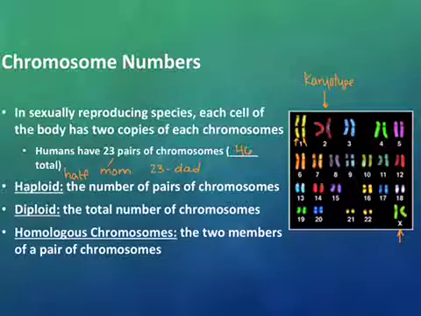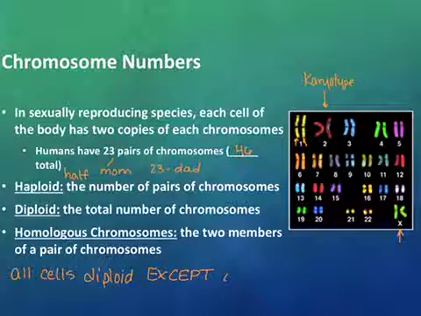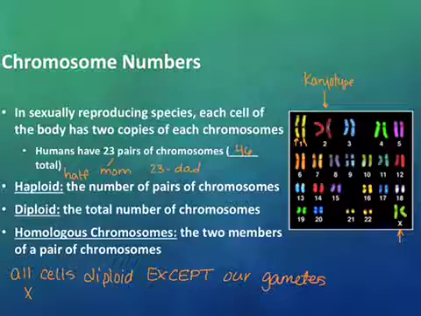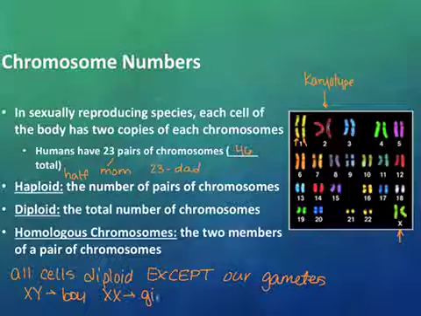So in the human body, all of our cells are diploid except our sex cells or our gametes. So that means XY will be your sex chromosomes if you're a boy, and XX are the chromosomes for a girl.